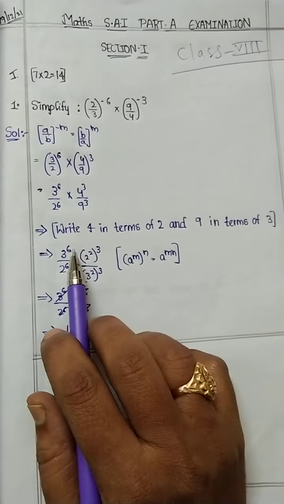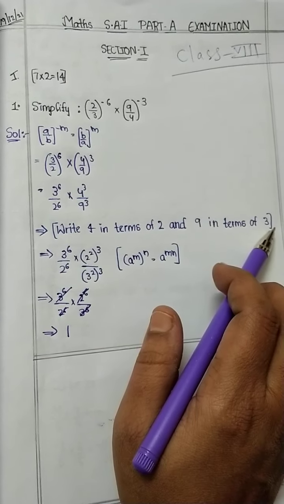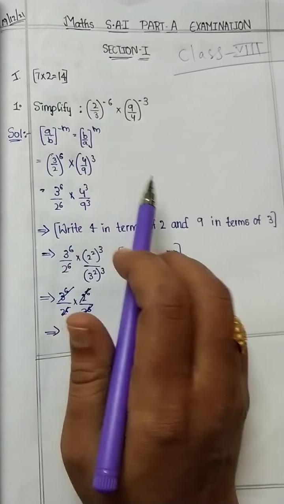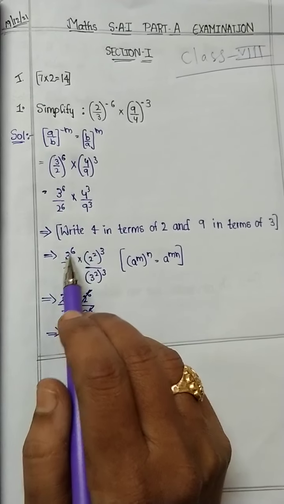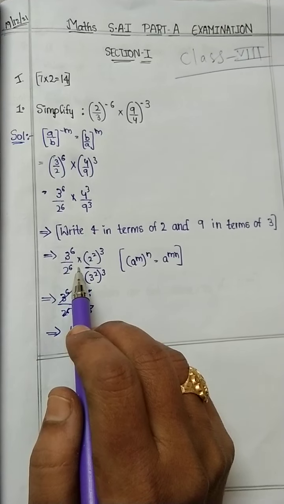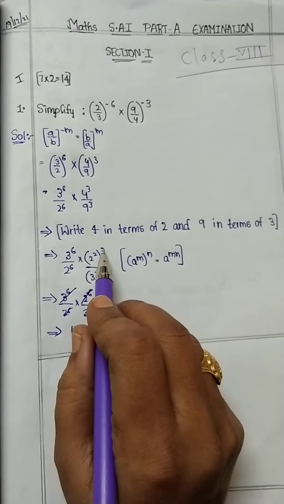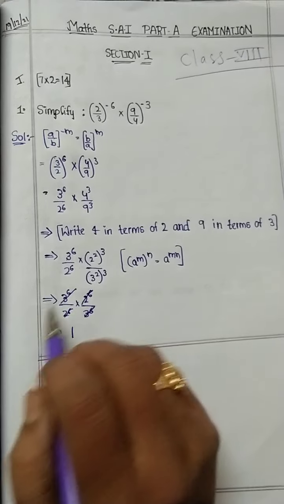Here write 4 in terms of 2 and 9 in terms of 3. This one as it is, 3^6 by 2^6 into, here 4 in terms of 2 is (2^2)^3, and here 9 is 3^2, so (3^2)^3.